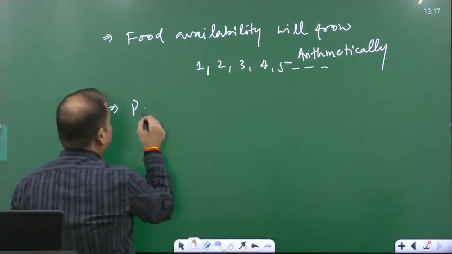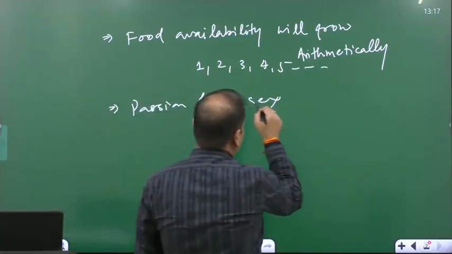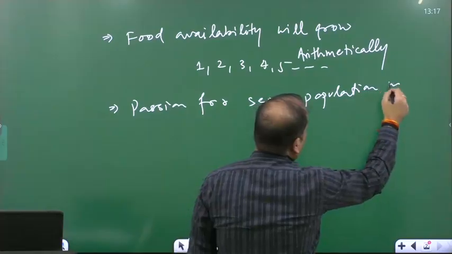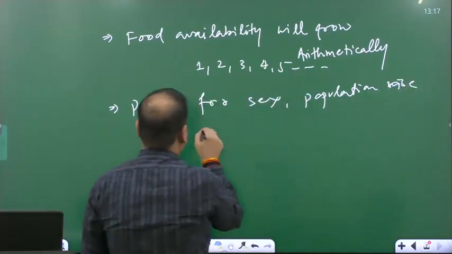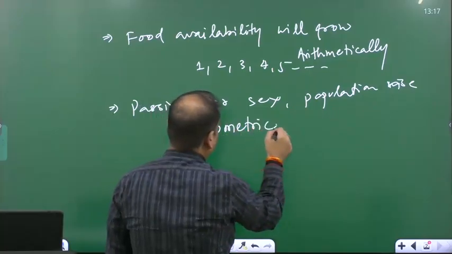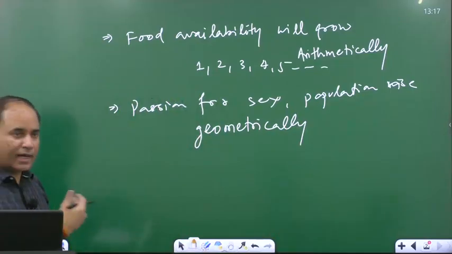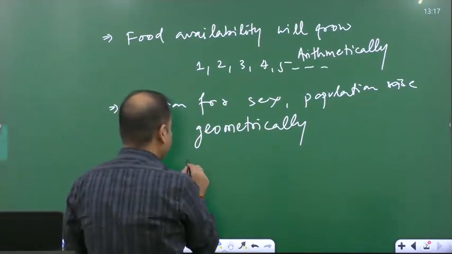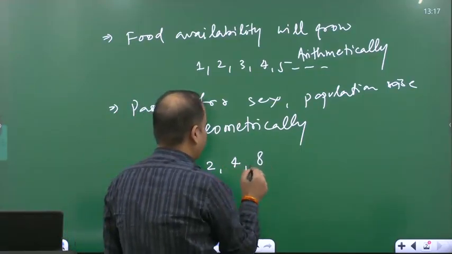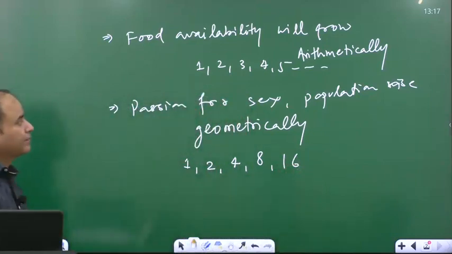But because of passion for sex, population will rise geometrically. That is 1, 2, 4, 8, 16, and so on.